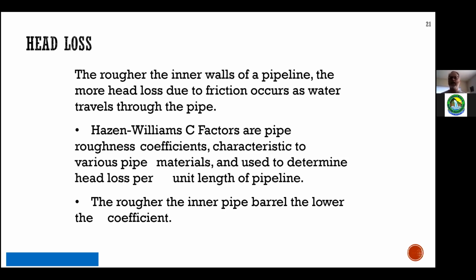The pipe's still the same on the outside wall, but the corrosion has built up so that now the pipe wall is rougher, which means more head loss. So the C factor is that calculation that engineers and designers look at based on the type of pipe material.